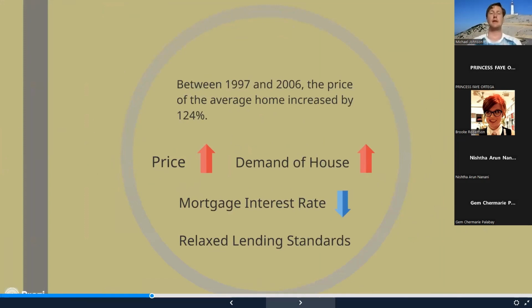Between 1997 and 2006, the price of the average home increased by 124%. Price went up, demand for houses went up, mortgage interest rates went down, and then there were relaxed lending standards.